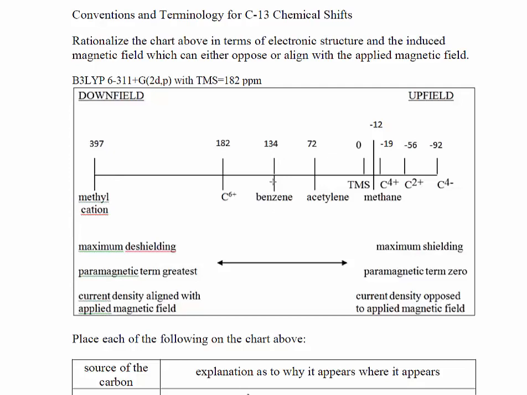Benzene is halfway between TMS and methyl cation because it also is an sp2 hybridized orbital, but it has one electron already in that space, and so the paramagnetism is not as great. Acetylene, let's look at a picture of acetylene here for a moment.